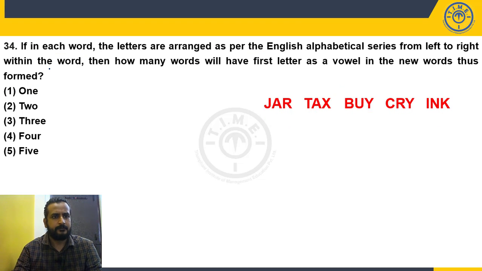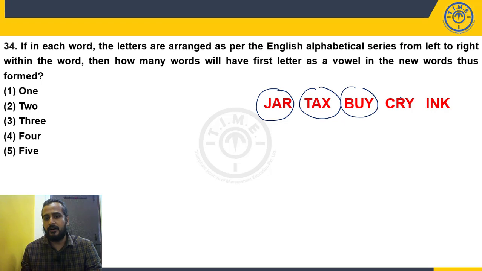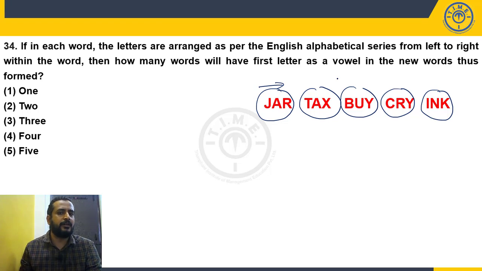Fine. If in each word the letters are arranged in the English alphabetical series, so within a word, letters are arranged in English alphabetical order from left side to right side, then how many words will have first letter as a vowel in the new words thus formed? So just check what will be the first letter in each word when you arrange in the alphabetical order.